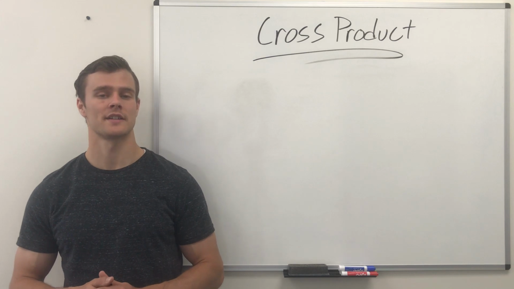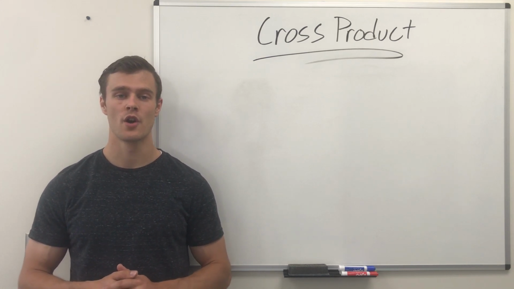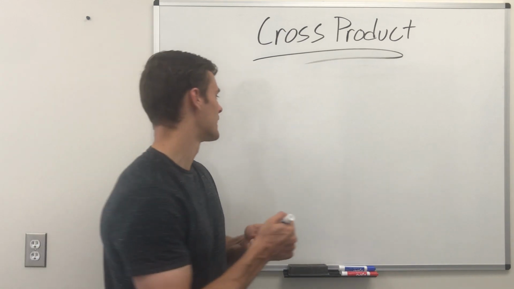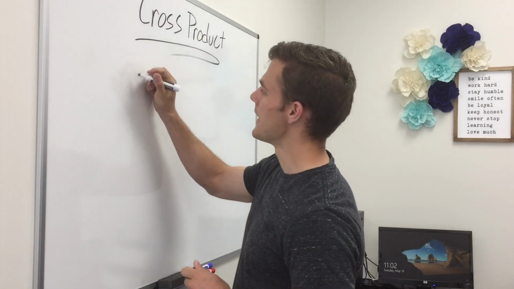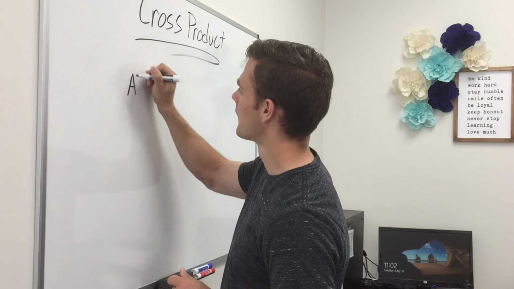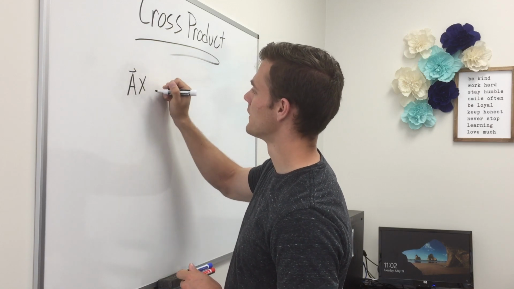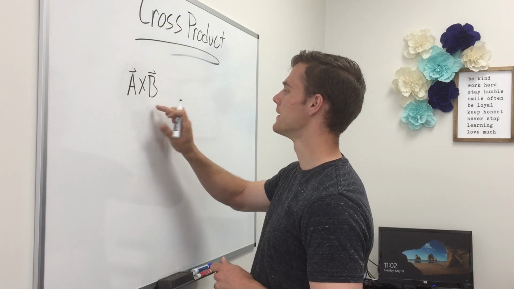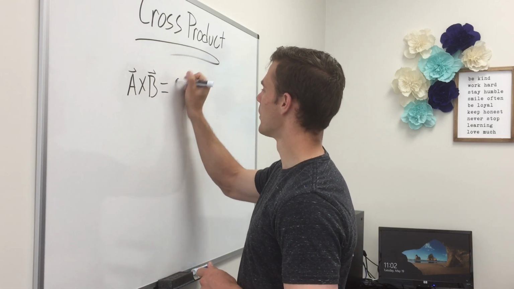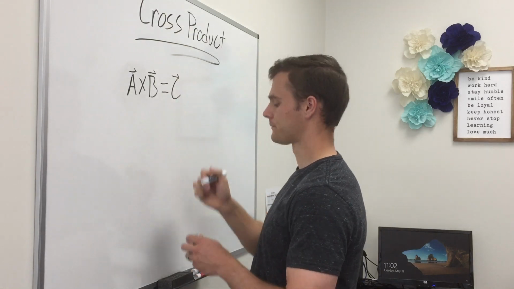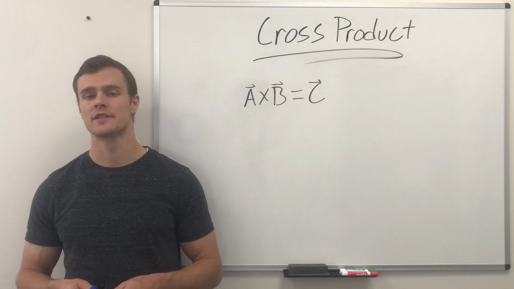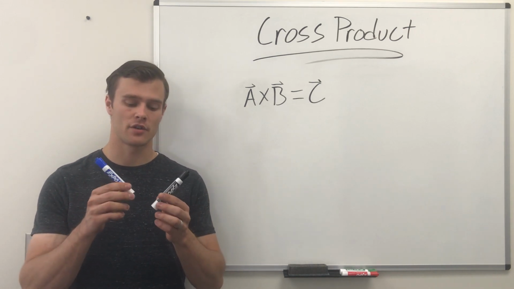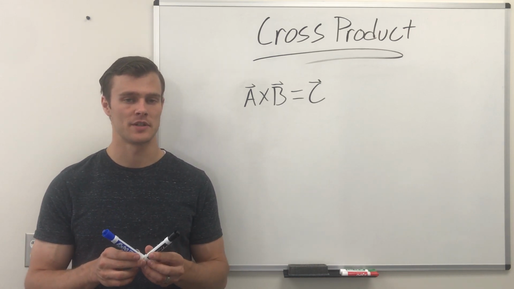So the cross product is a way of multiplying two vectors where the result is a vector itself, and that looks like multiplying vector A by vector B. So that's A cross B, which would equal a vector C. The magnitude of vector C is going to be at its greatest when vector B and vector A are at 90 degrees from each other.